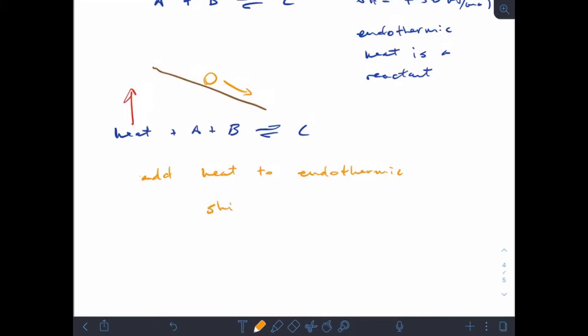We shift right. Okay, so heat can be a component just like any of the reactants and products, right? You just have to make sure that depending on whether it's endothermic or exothermic, you have to put heat on the correct side of the equation.